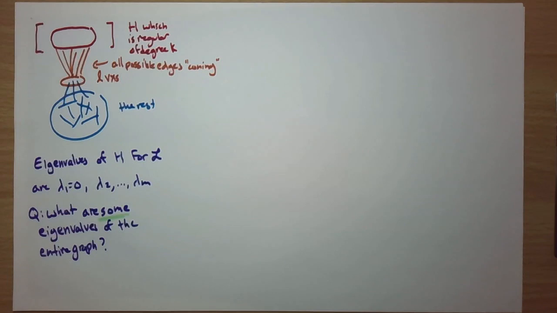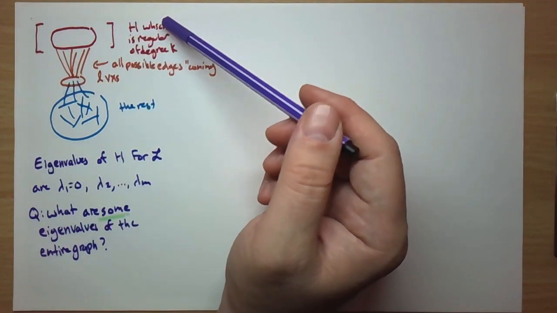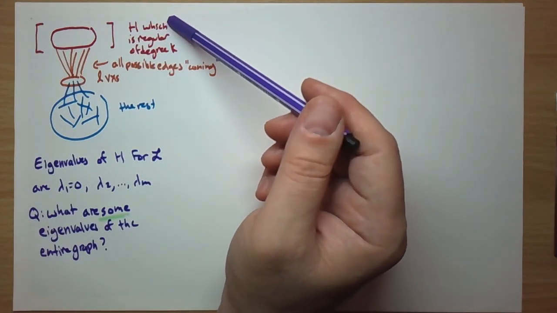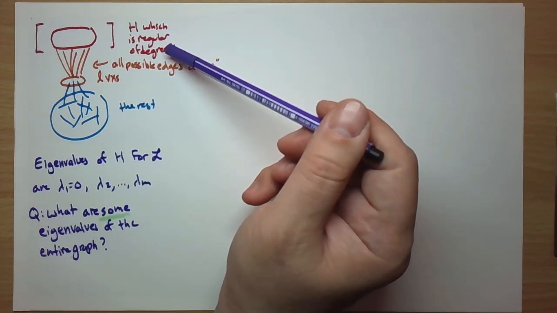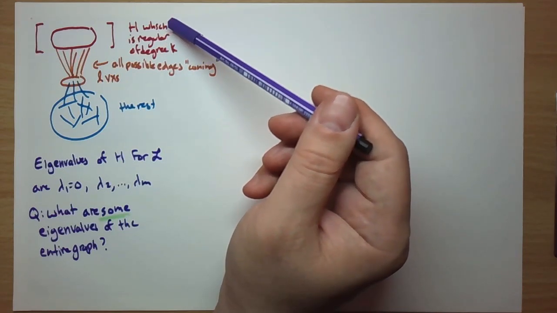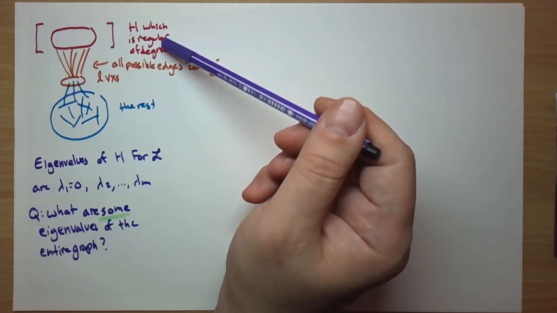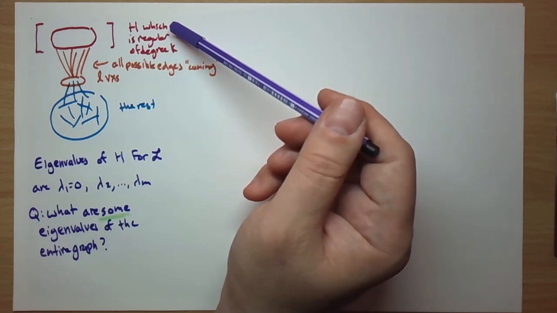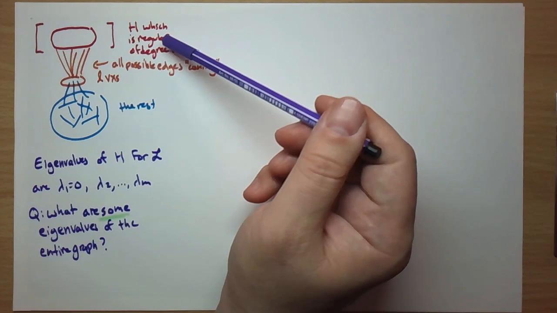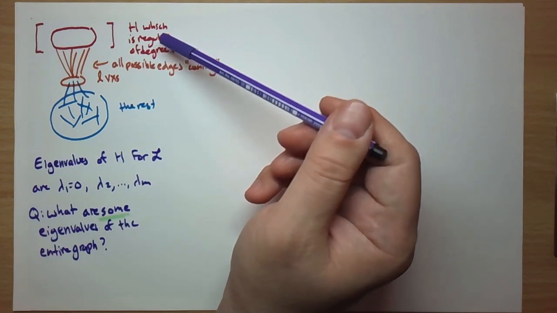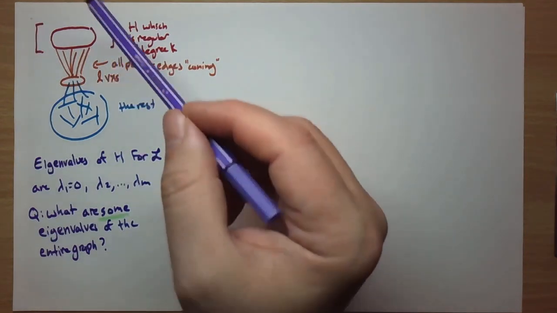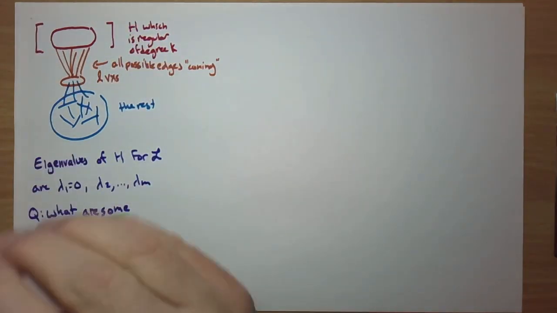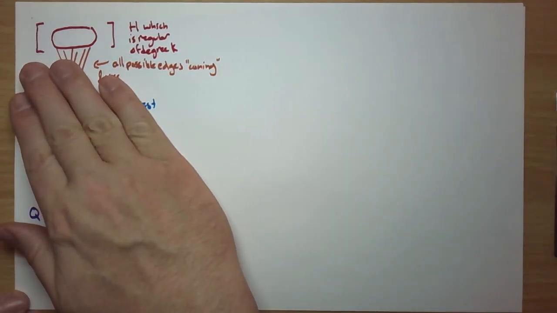Now, I guess I should pause for a second and say, since we know this graph is regular, how closely related are eigenvectors and harmonic eigenvectors in H? So again, we can cover up the rest of the structure for just a moment.